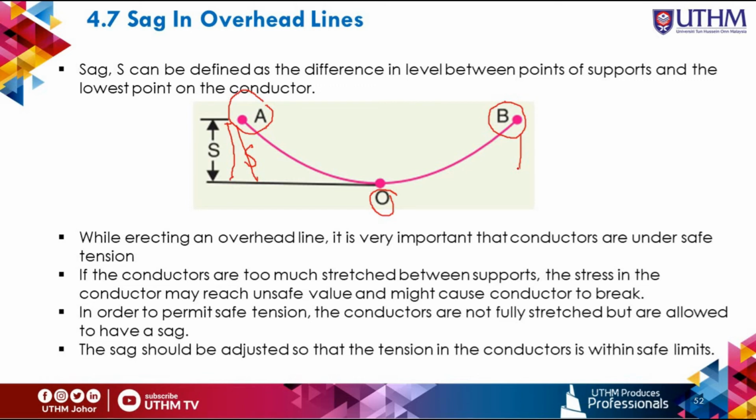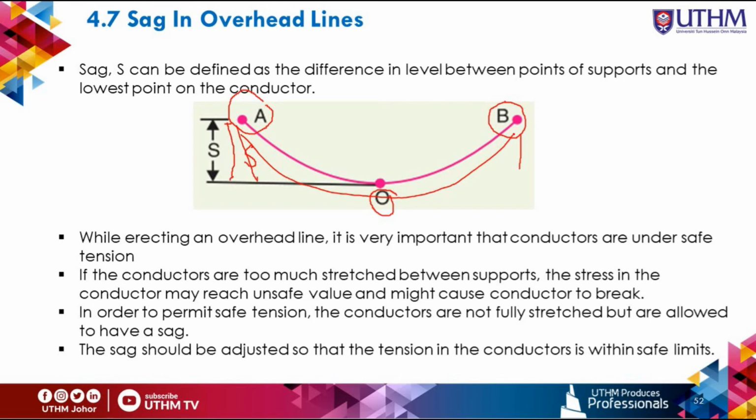So in order to permit safe tension in the conductors, they are not fully stretched, but are allowed to have a dip or sag. In Malay, sag is kelendutan. It is not tight, but has a kelendutan.